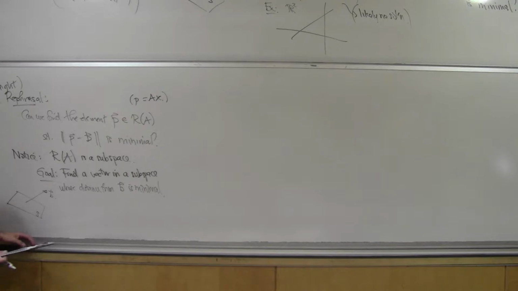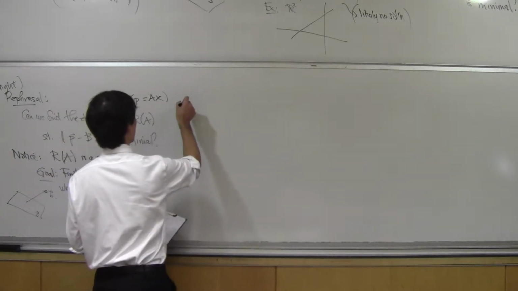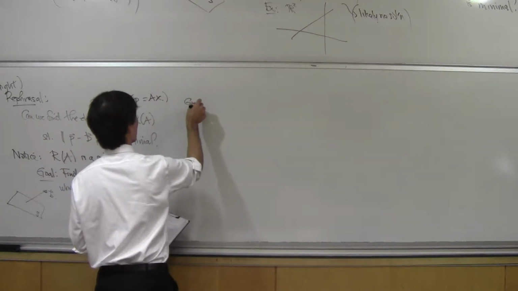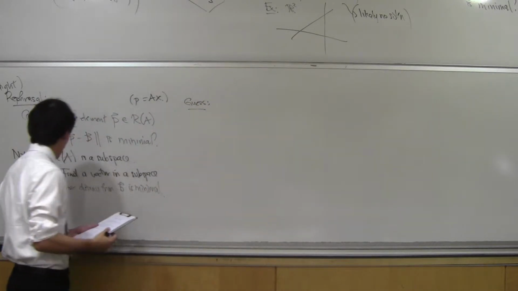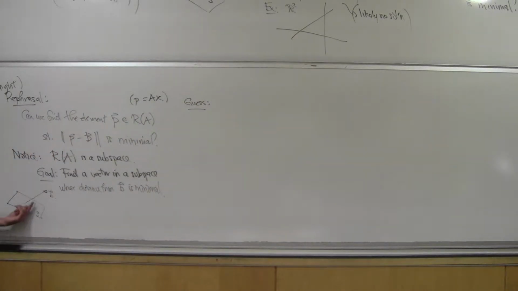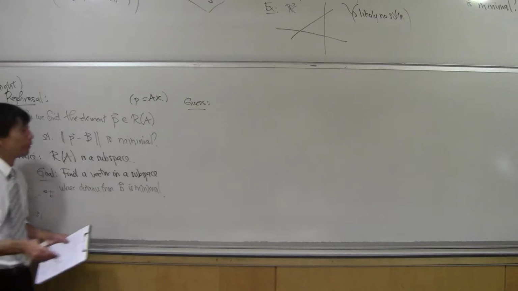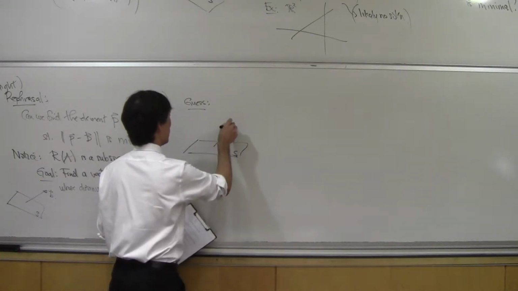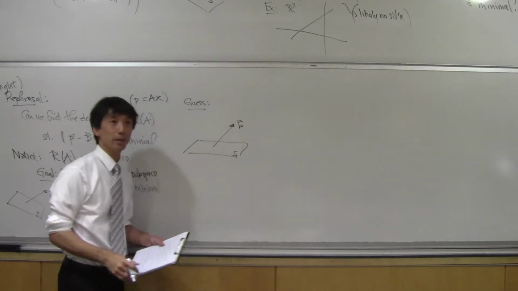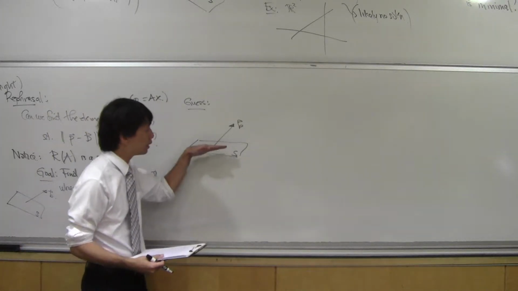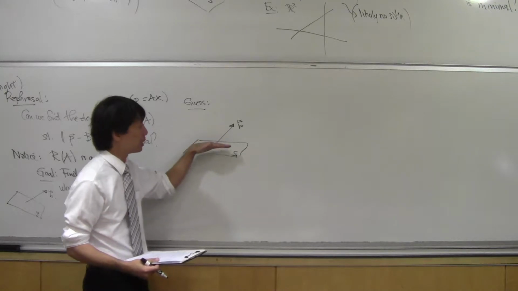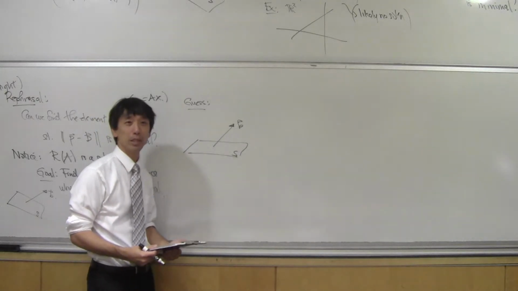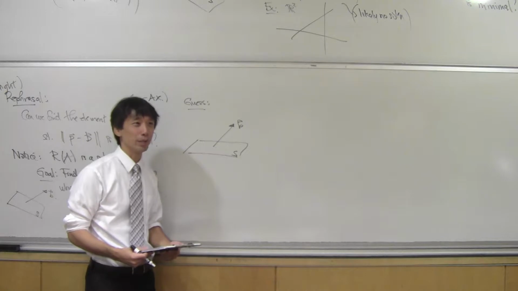Well, you can probably guess what it's going to look like. What do you think will be the vector in S that is closest to b? Suppose it's something like this. Here is S, and here is b. And I'd like to find the vector in S that is closest to b. What do you think it's going to be, Eric?